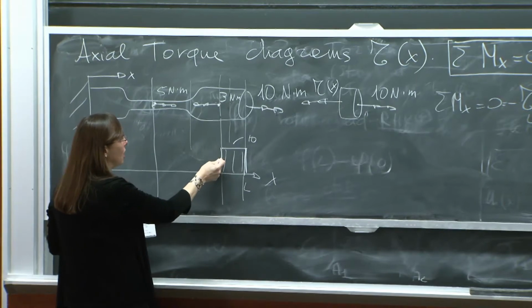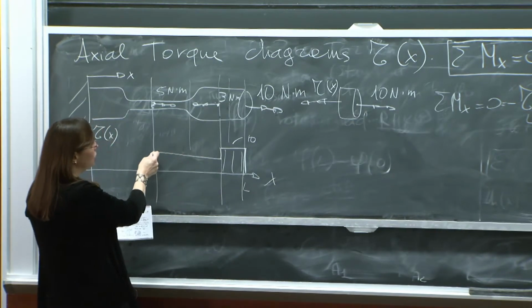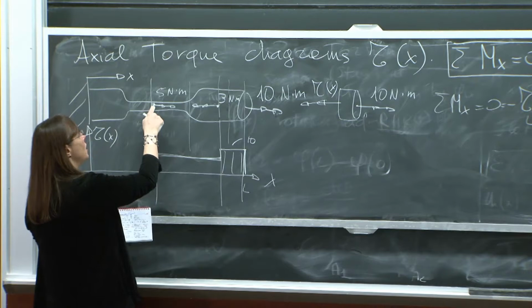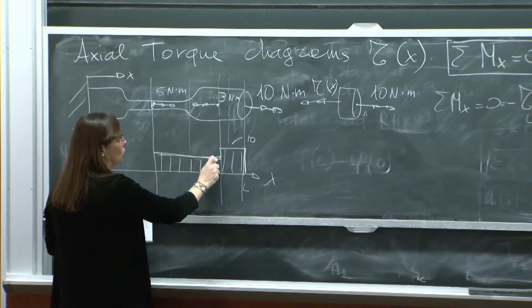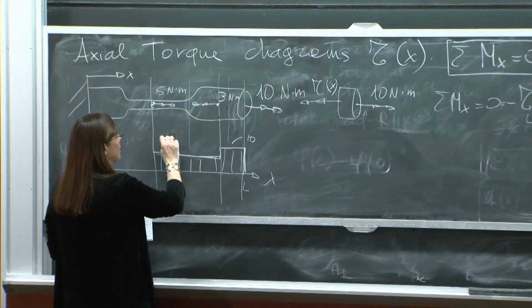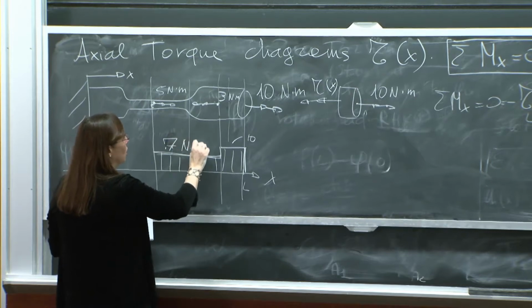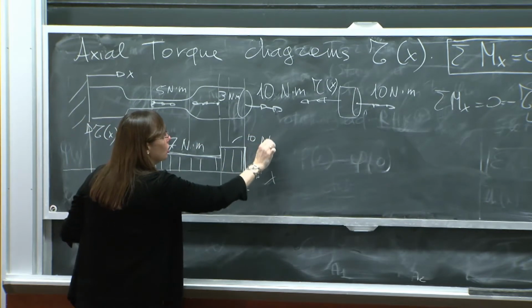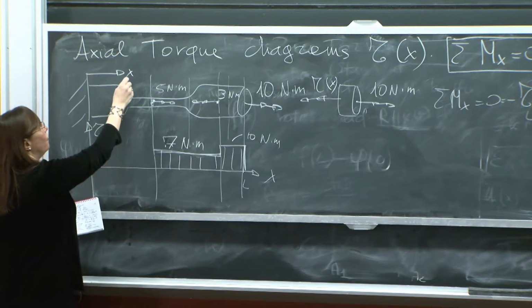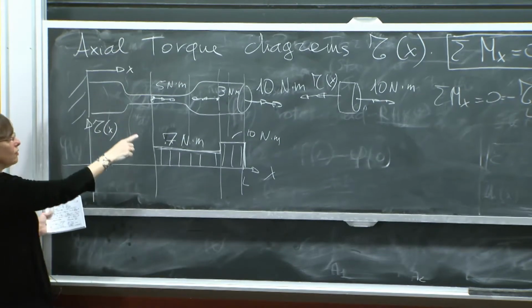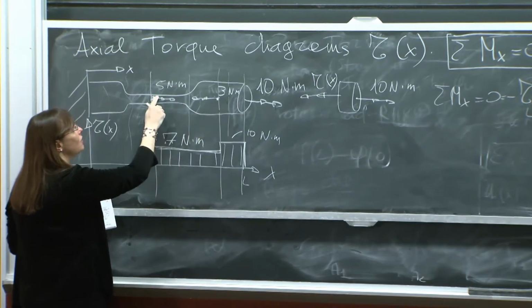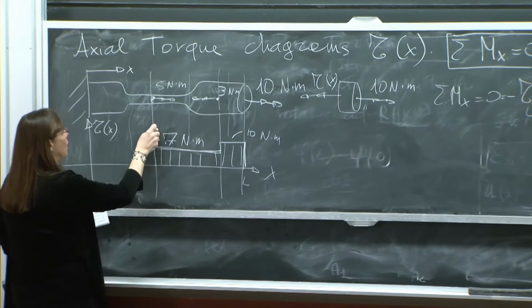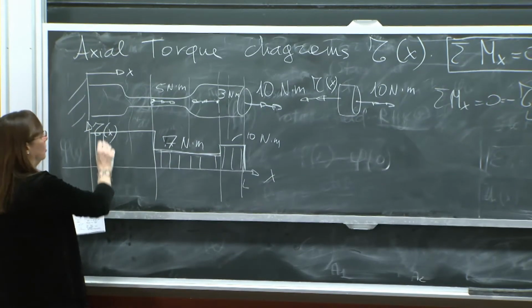I'm going to go down to 7, up to when something happens here. So this whole region is going to be 7 Newton meters. This is 10 Newton meters. And here, if I cut any place behind this, I'm going to see 10 plus 5 minus 3, 12. I'm going to have 12 here.